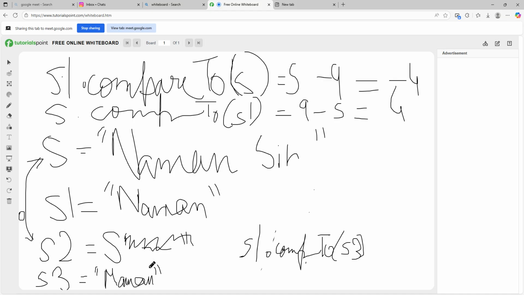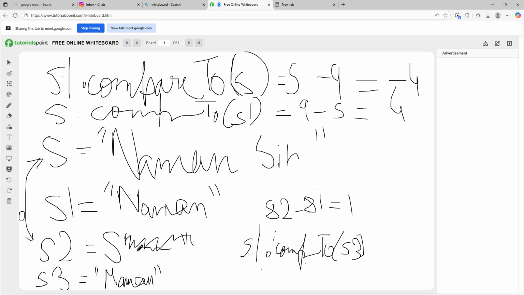We will compare these, and since s1 has N, it is 82 minus 81. So the answer is 1.